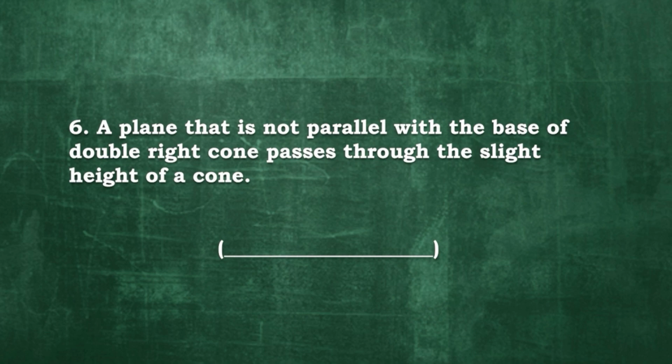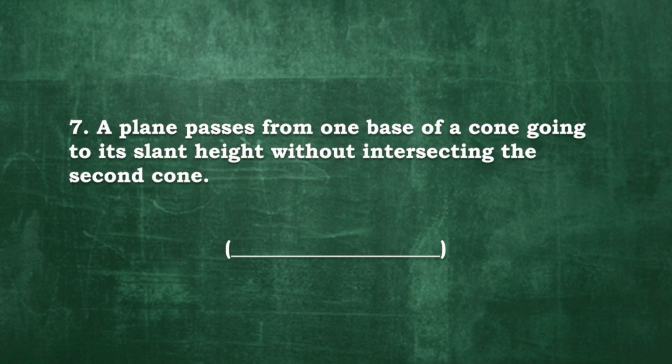The answer is ellipse. And number 7. A plane passes from one base of a cone going to its slant height without intersecting the second cone. The answer is parabola.